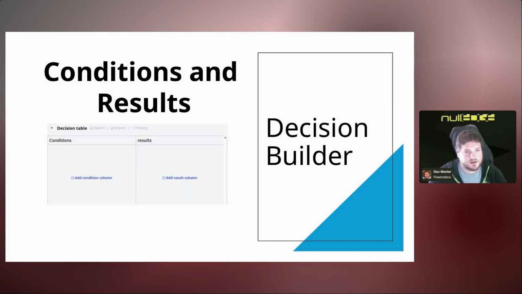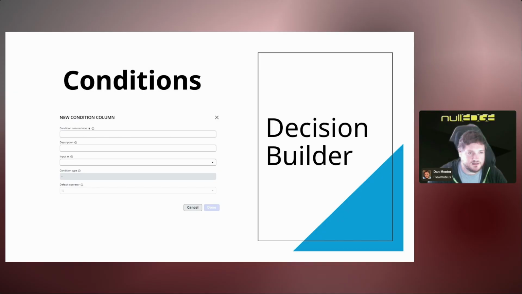The next thing we need to talk about in Decision Builder are the conditions and the results. We're going to use conditions to look at and examine the input that we defined, and results is basically what we're going to return when that condition returns true. When we click on conditions, we're able to see that we have the ability to give it a name.